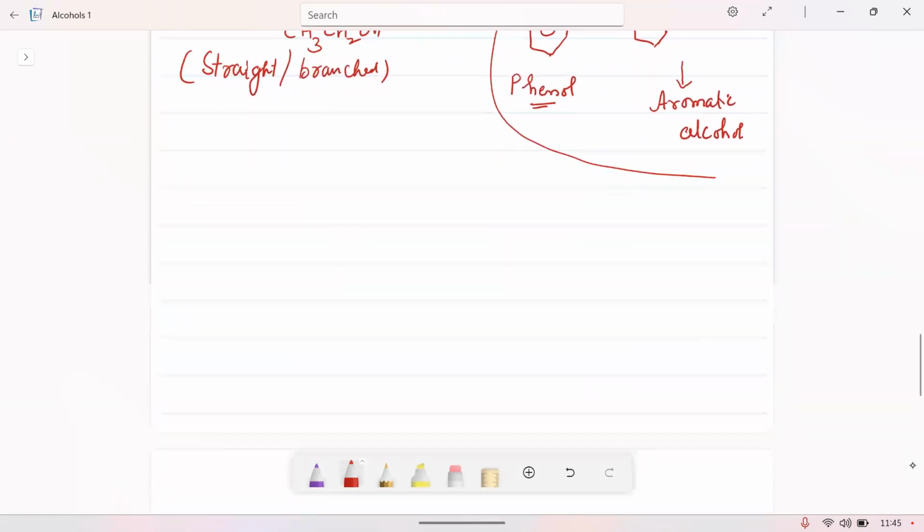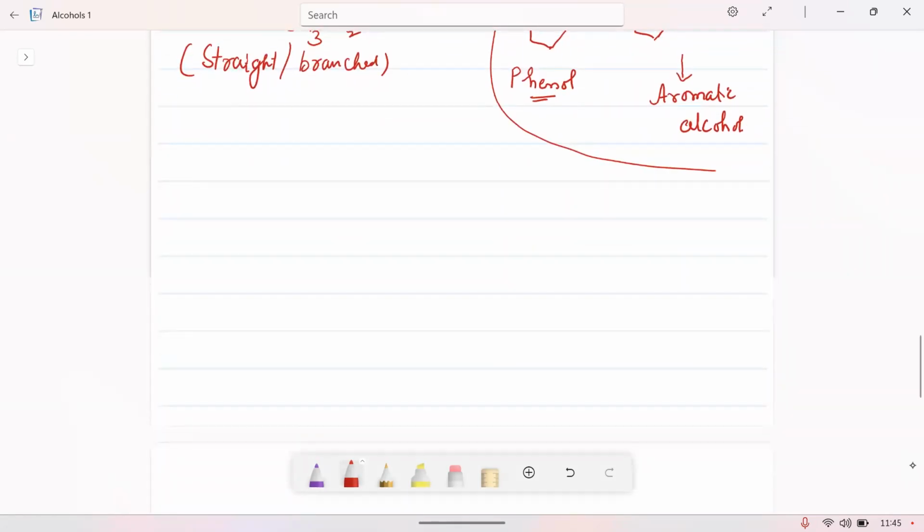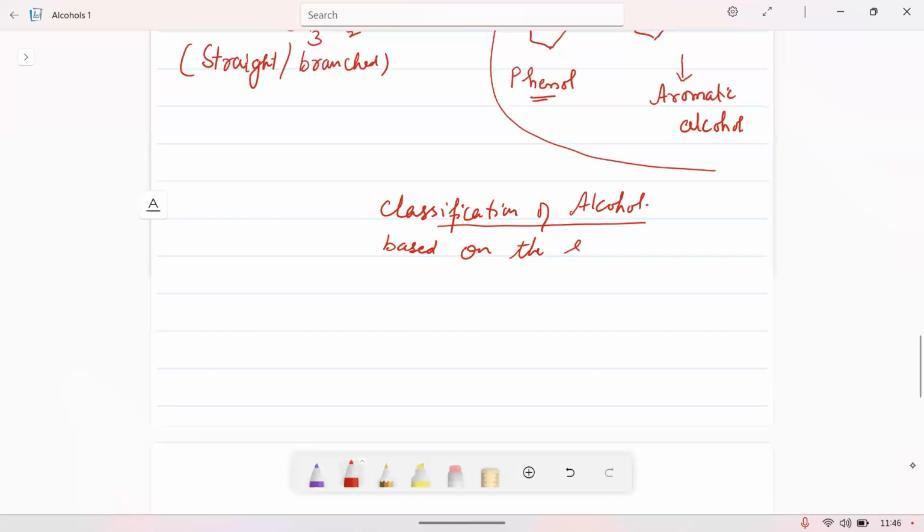So next thing is the classification of aliphatic alcohols. When I'm talking about alcohols, remember we are talking about aliphatic alcohols, classification of alcohols. Now this is based on the structure and position of the OH group.